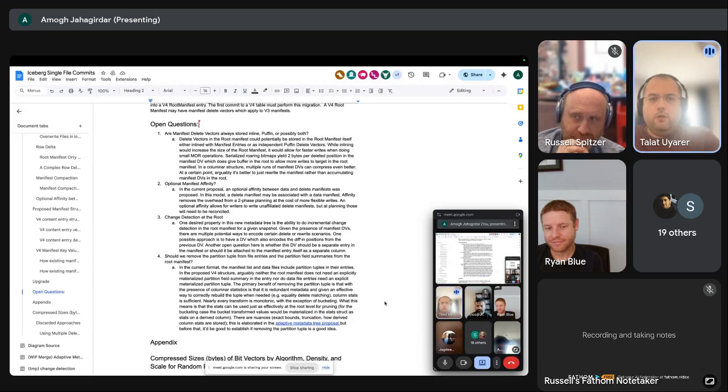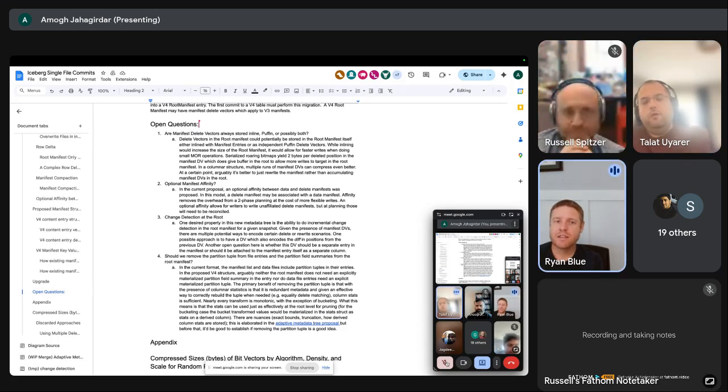And this also answers the partition tuple things, right? If we have the equality deletes, then we cannot drop the partition tuple at all. I think that there's also an open question. We also know that partition filtering in today's manifests is significantly faster than stats filtering. That's because we actually have to parse each lower and upper bound value.